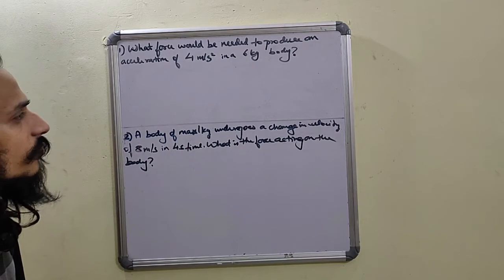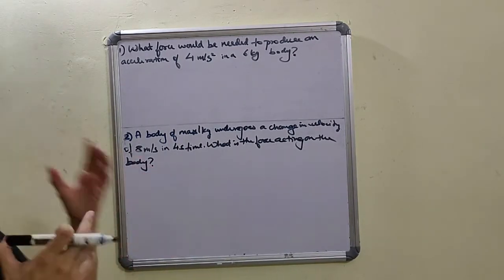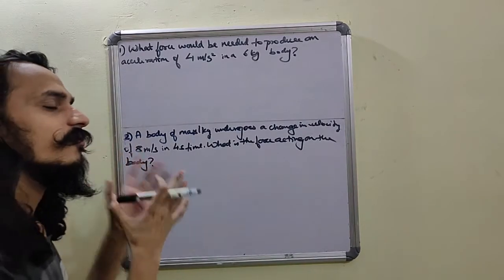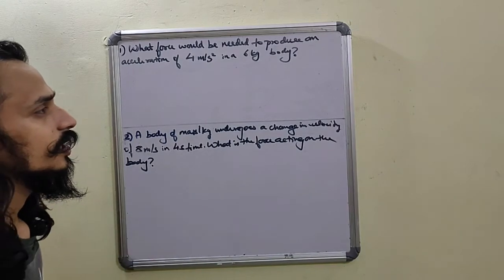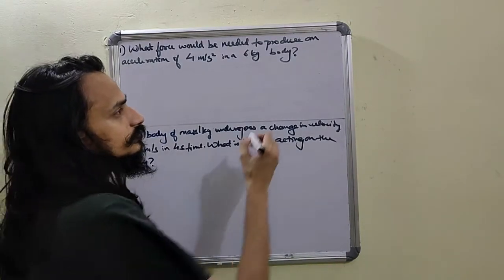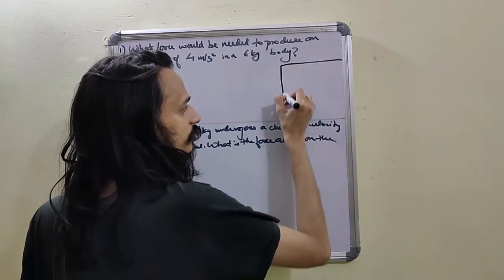So mainly we look at two formulae when it comes to second law of motion, because there's a relation between force, mass and acceleration or momentum, right? Now keep one thing in mind. This is the formula I think we ended up with last time, right?